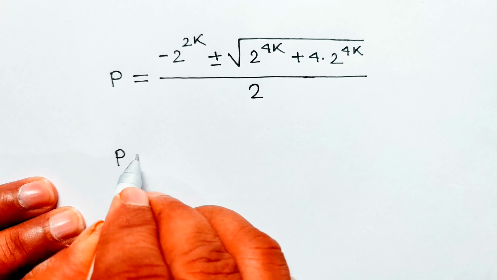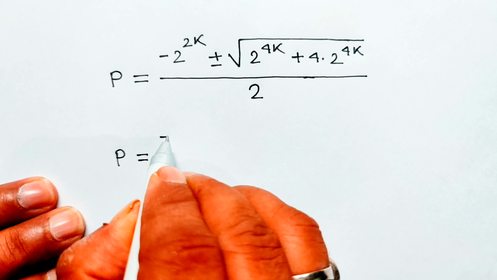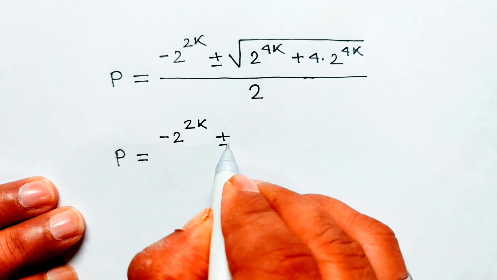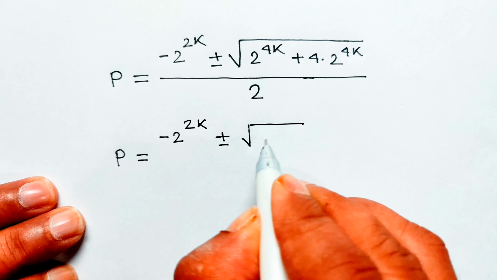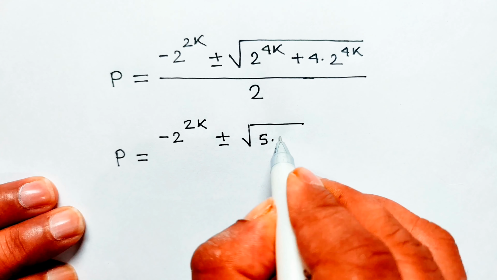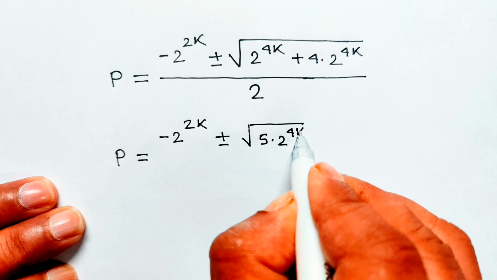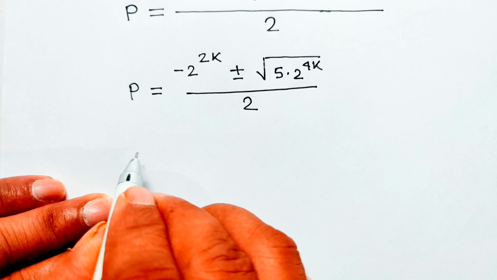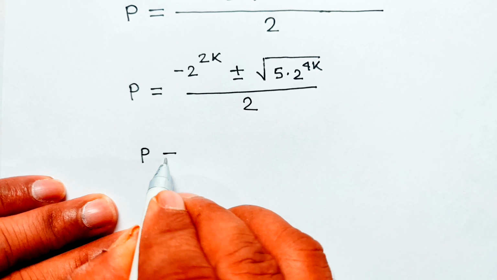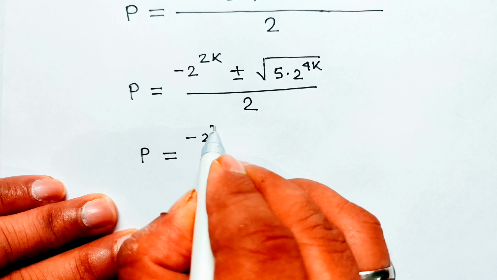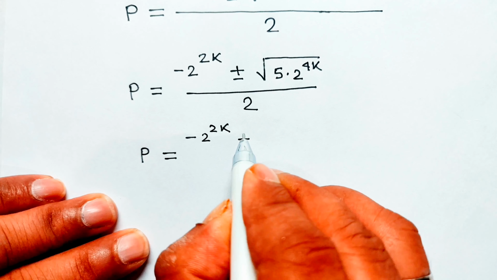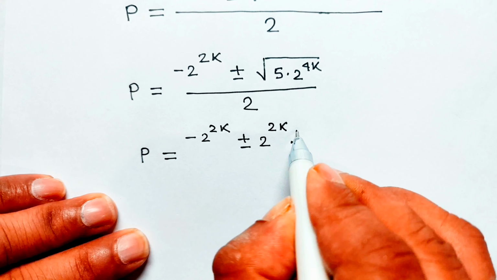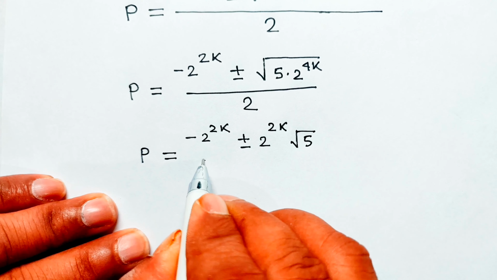Then p equal minus 2 to the power 2k plus minus root of 5 into 2 to the power 4k divided by 2. Then p equal minus 2 to the power 2k plus minus 2 to the power 2k into root 5 divided by 2.